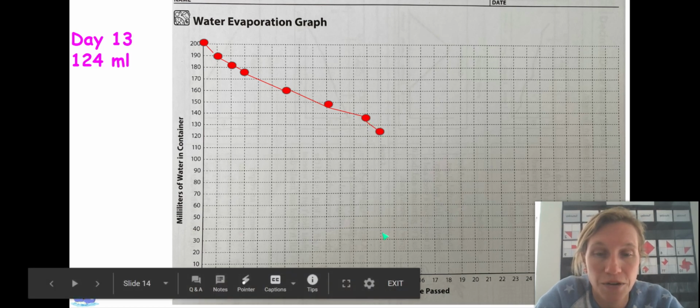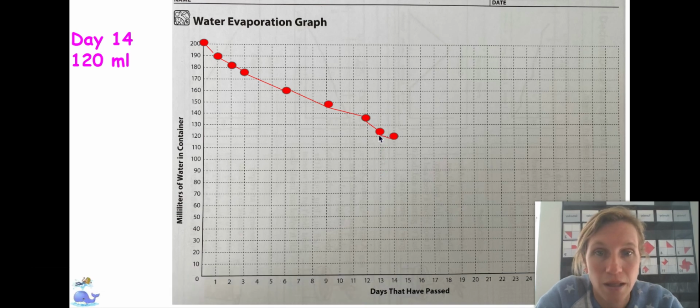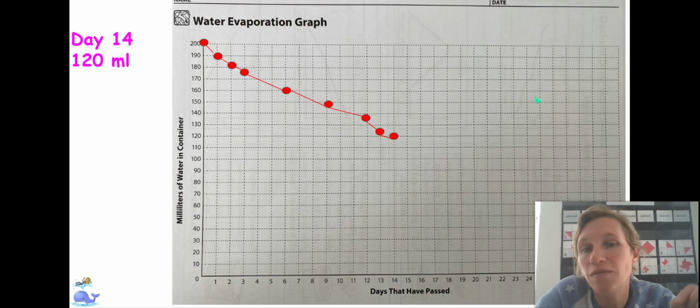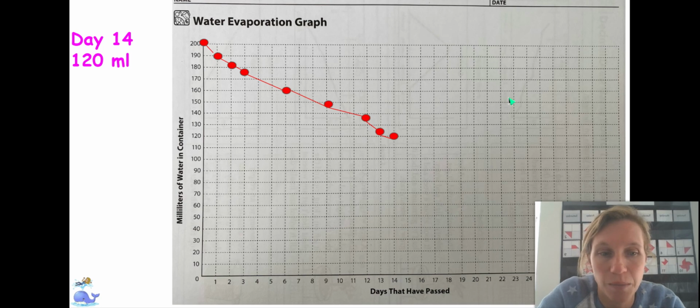Quick drop to day 13, we're down to 124. Oh, and then day 14, we are right at 120 milliliters. Even if the lines look a little bit different, that's okay. Really what we're looking for is trends over time, right? We're looking for change over time with a line graph.